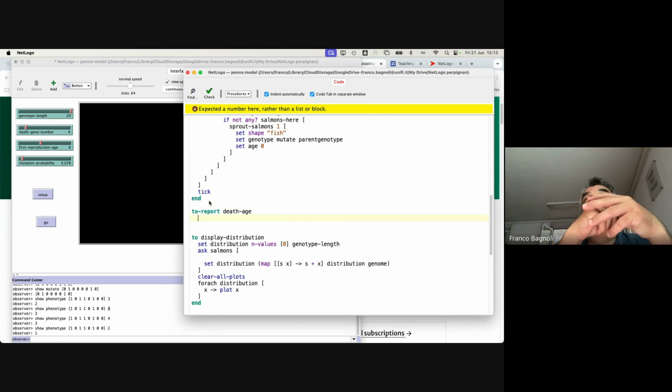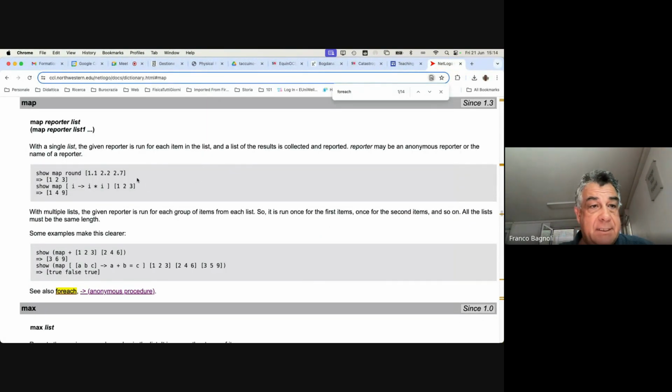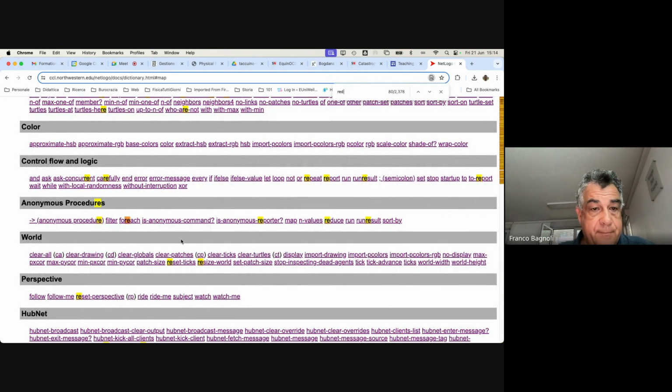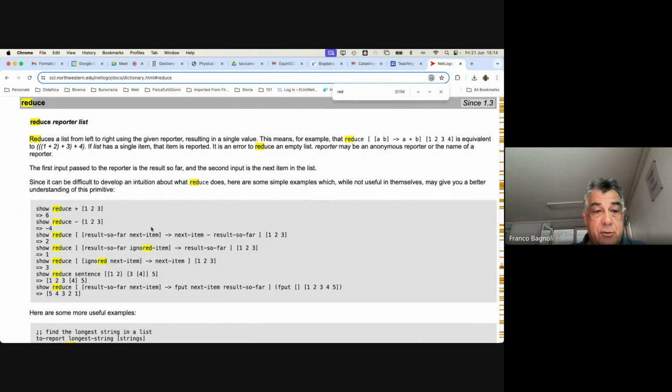Maybe we can just report reduction. I think this is a kind of usage of the reduce function.